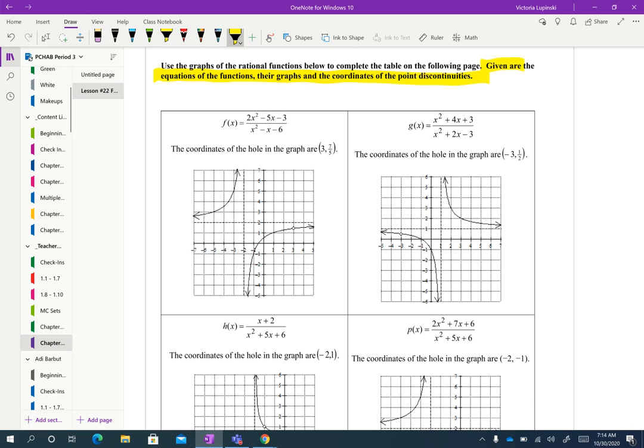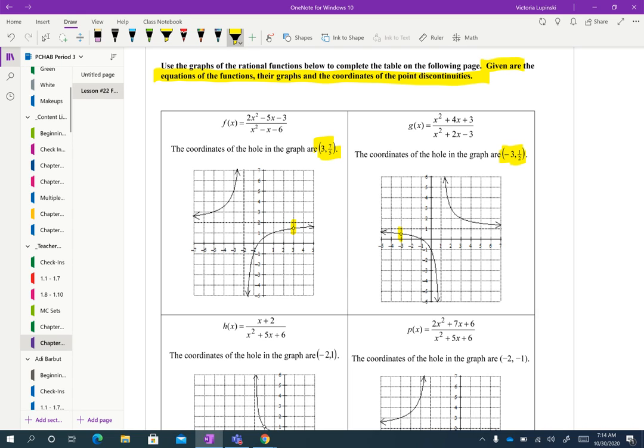Remember, in the future, when you're asked to find a point discontinuity, you have to actually find the entire point. So in the top left graph here is my non-removable point discontinuity, and that is at the location (3, 7/5). And again, you do have to find the whole coordinate. Compare that to the top right. So my removable point discontinuity would be at (-3, 1/2).